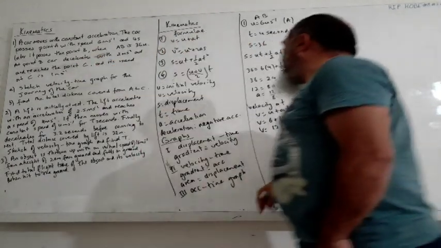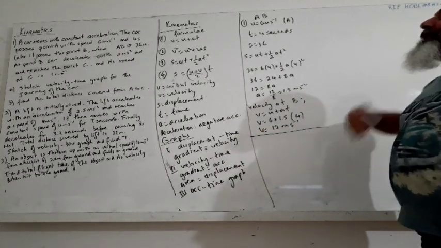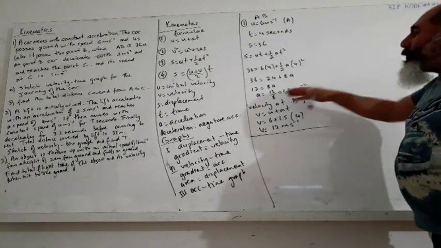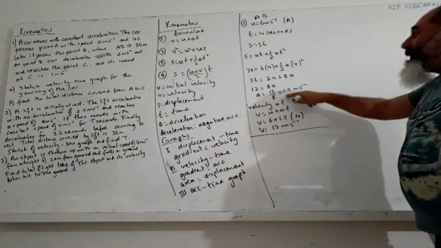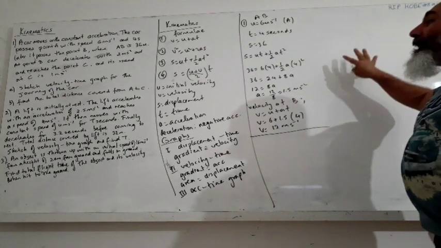It was accelerating with constant acceleration 1.5, but after passing point B, the car is going to decelerate.